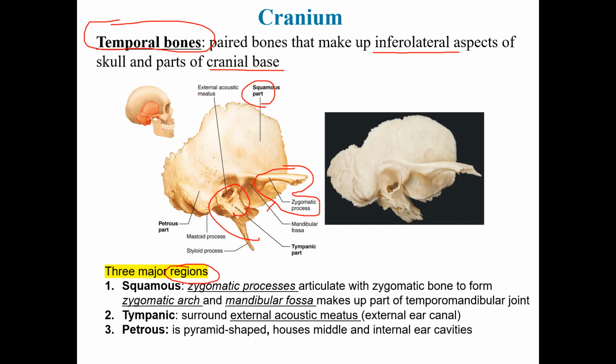Meatus is an opening as well. And then we have the petrous part. Petra means rock, so it looks a little rocky in this area, and that's why it's the petrous part. It is a pyramid-shaped portion that houses the middle and internal ear cavities.